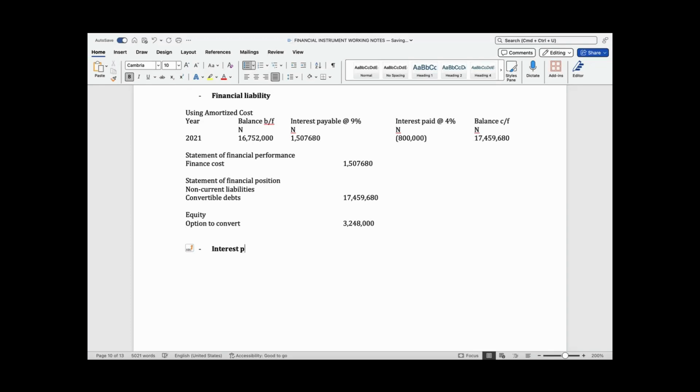interest payable on financial liabilities is treated as a finance cost, so finance cost in your statement of profit or loss.